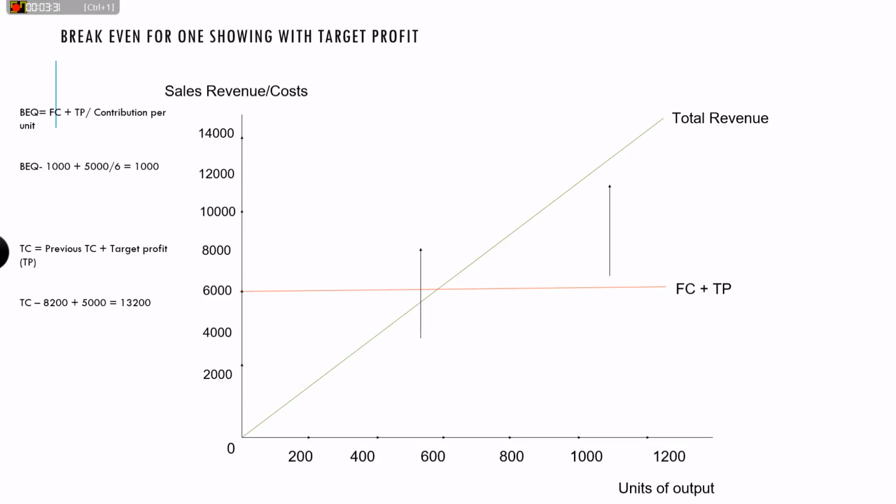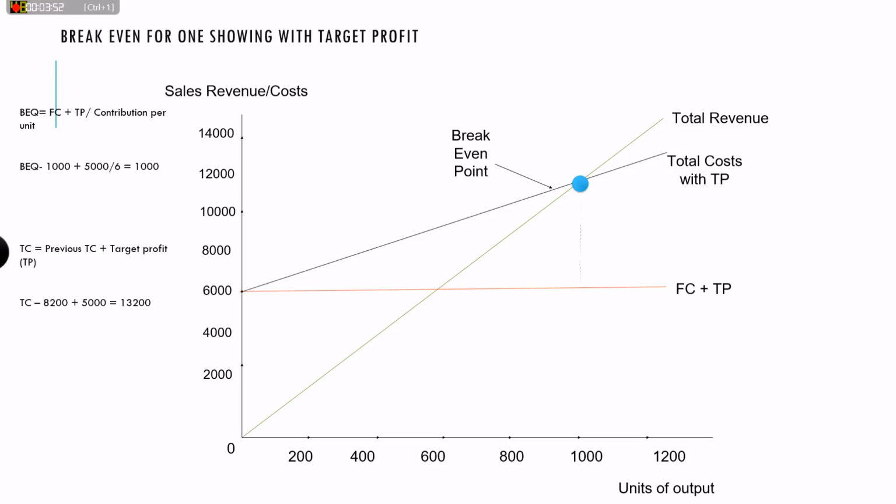That would move up and add up with our new fixed costs to become total costs with the target profit. And our break-even point would be where total revenue and the total costs with target profit intersect. Therefore our break-even point is at 1,000 units.